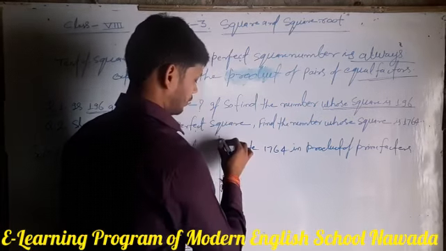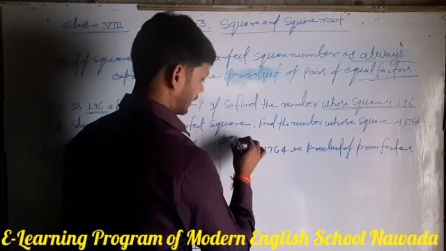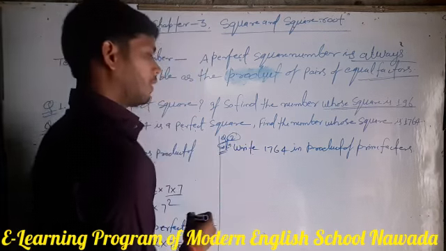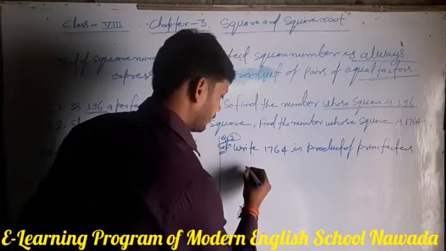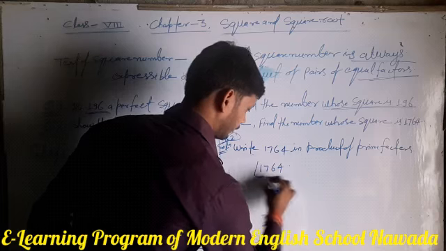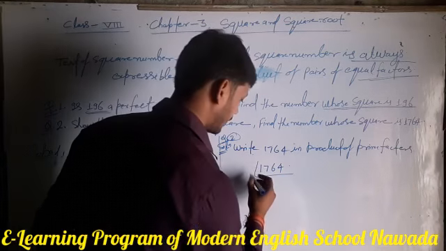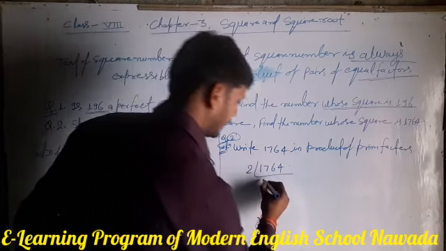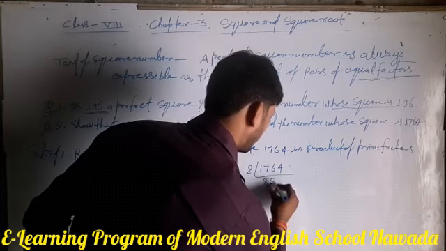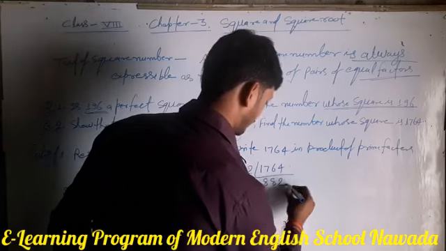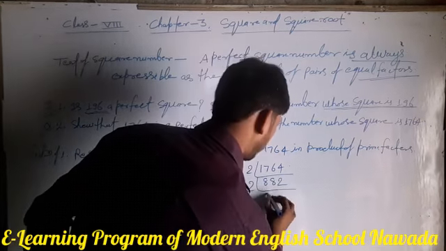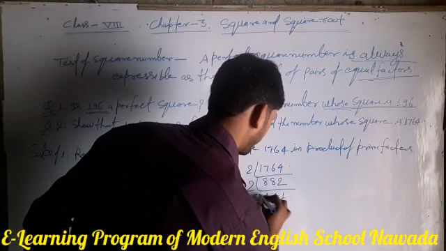This is the solution to question number two. 1764 is divided by 2: 882, divided by 2 again: 441.